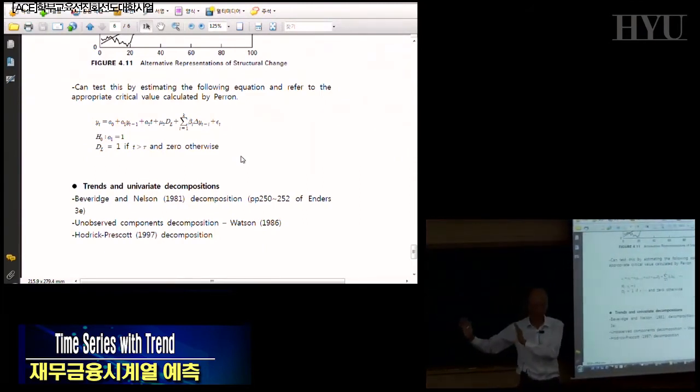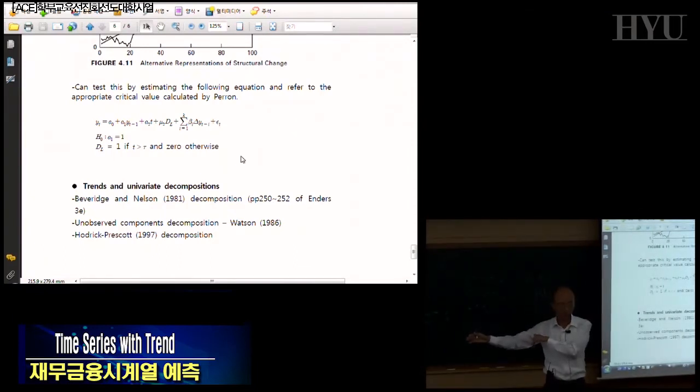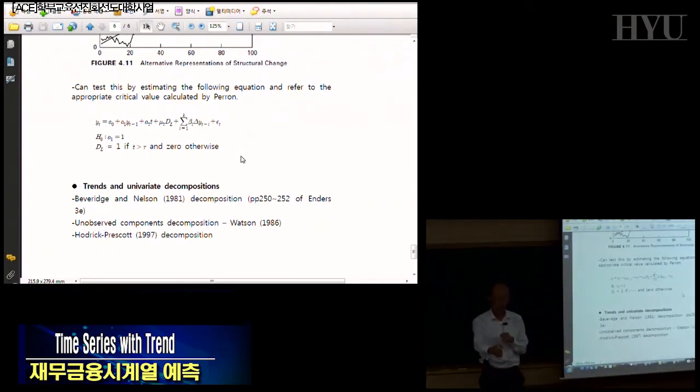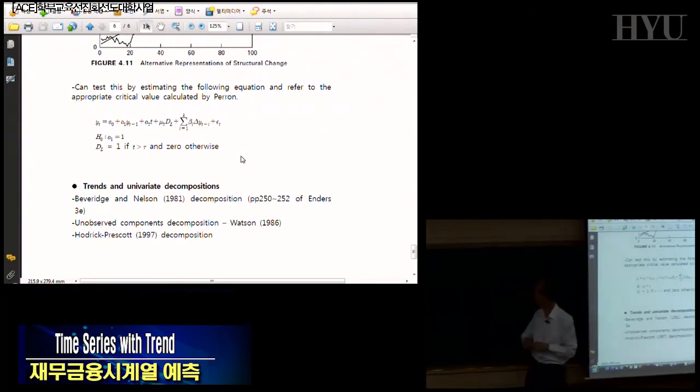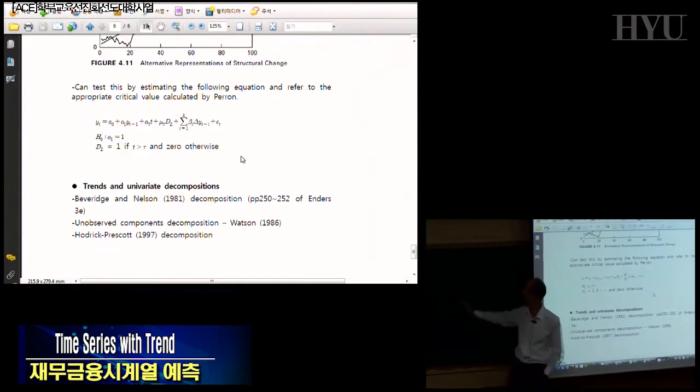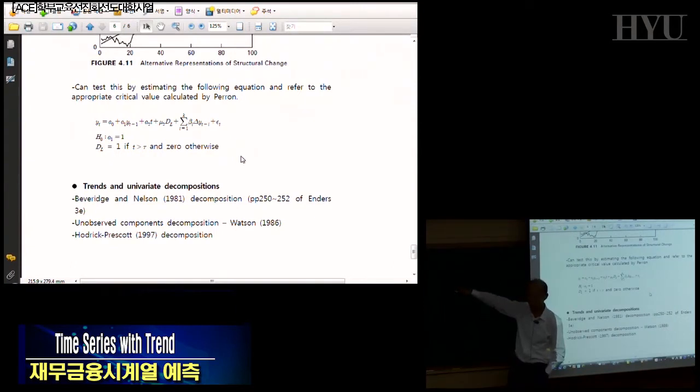Okay. And after 6 or 7 years, after Nelson and Plosser's work was published, now Perron is taking the other position. He is advocating that some of the series, like this one, follow this type of stationary time series.